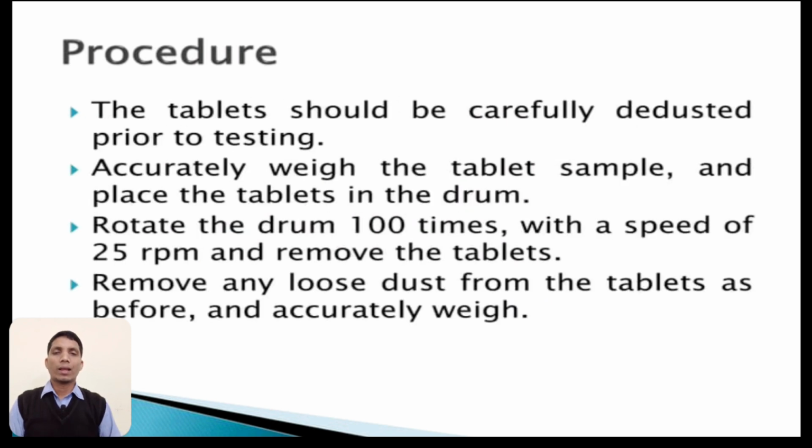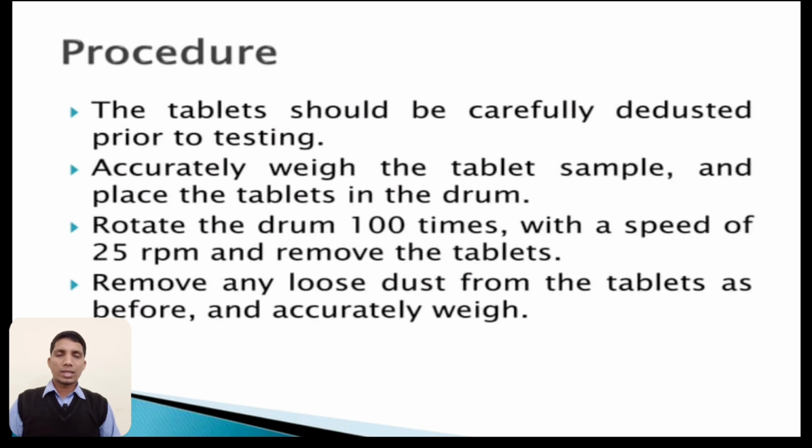Now the second step: the tablets should be carefully dedusted prior to testing. Before testing, the tablets are dedusted using Kimtech paper or polishing paper. Then accurately weigh the tablet sample, note the tablet weight, and place the tablets in the drum.